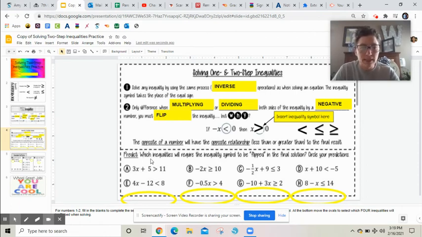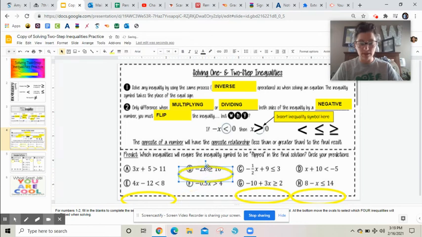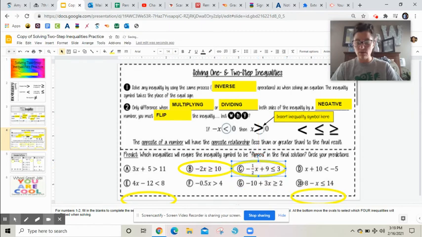So basically it says predict which inequalities require the inequality symbol to be flipped. So anything that has a negative attached to the variable, what I've taught you before. So if we look here, this one does not. B, oh, it's got a negative with the 2, so we're going to drag and drop that there to circle it. C, it does have a negative, negative 1/2 x is attached, so that's going to be 1.